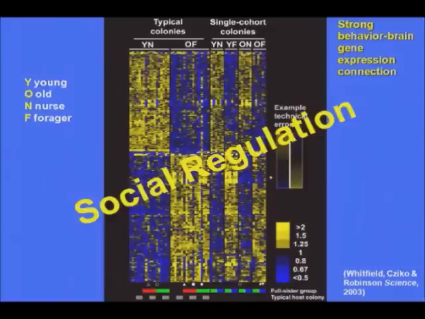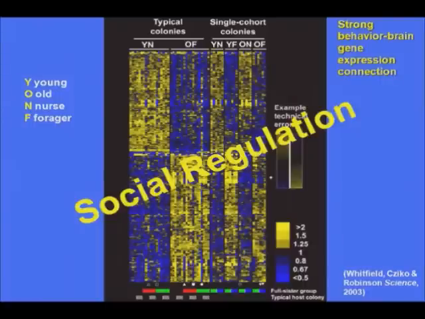Now, if you do the experimental perturbations that I alluded to before, such as removing foragers or removing the young bees to uncouple age from behavior, then what you see is that when given a choice between age or behavior, these genes, which represent the largest category from this experiment, track behavior rather than age. So here we have young nurses and young foragers.